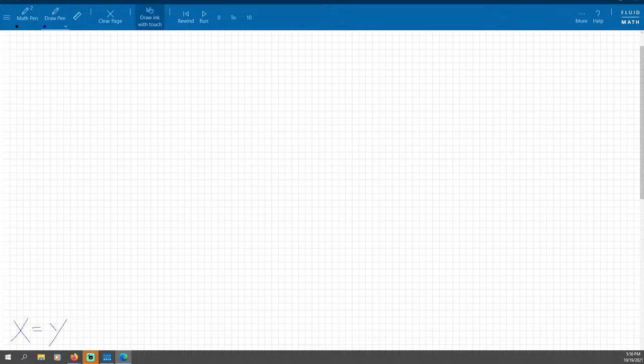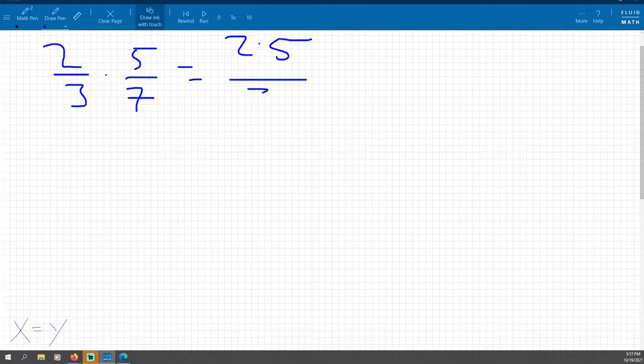Okay, now let's multiply some fractions. So let's say we have 2/3, and we want to multiply it by 5/7. It's pretty straightforward. It just equals 2 times 5 over 3 times 7, and that's going to equal 10 over 21. 10 over 21 is your answer.